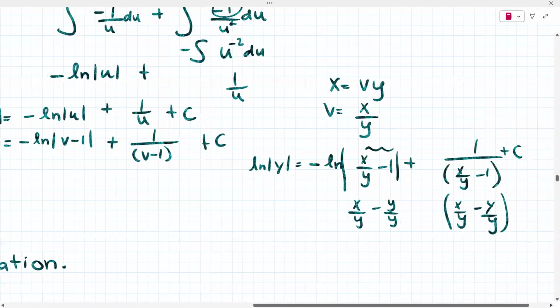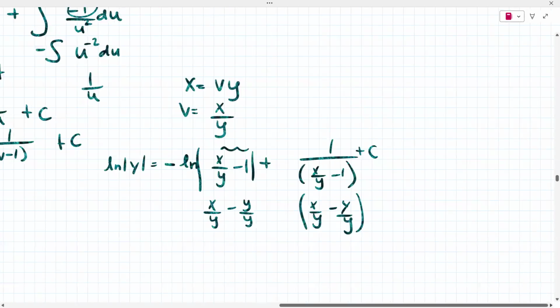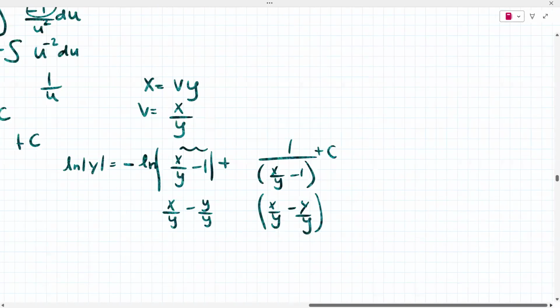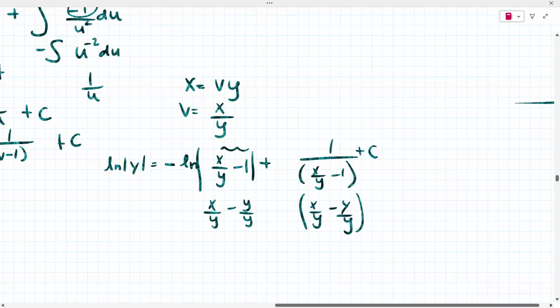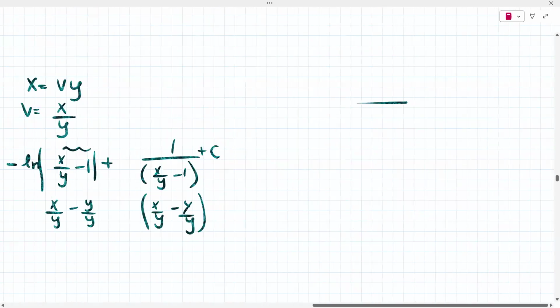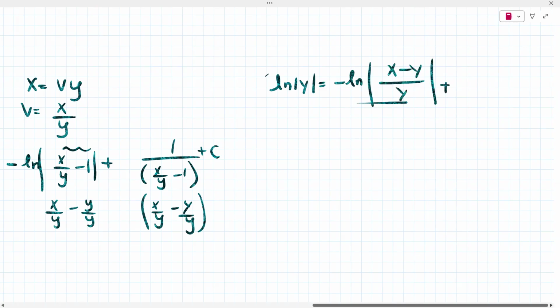I'm running out of space, so I'm going to move it to the right. Okay, so let's simplify. If you simplify the left, it's going to be ln of y on the left equals negative ln of x minus y over y plus 1 over x minus y over y, plus c.